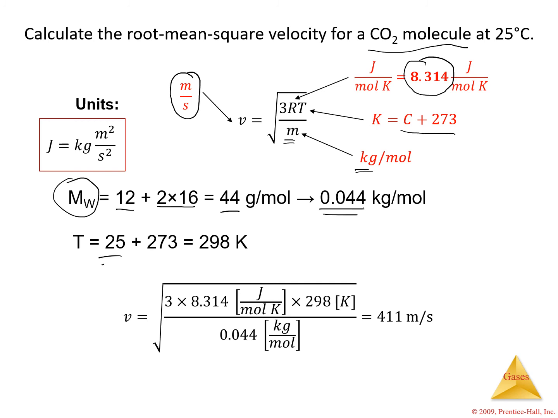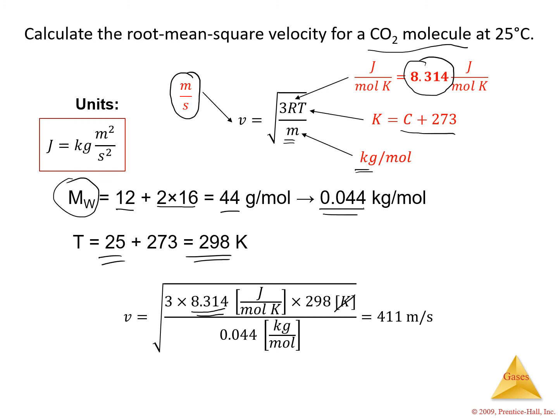Of course, 25 Celsius you have to convert to kelvins, which gives you 298 kelvins. And then, of course, the rest is just to apply this equation. And of course, the R value has to have the joules in it. So this is the only place where you have to be specific about which R value to use.